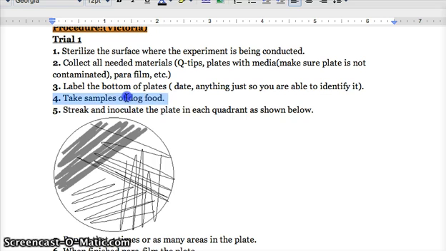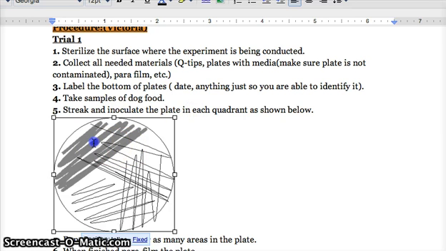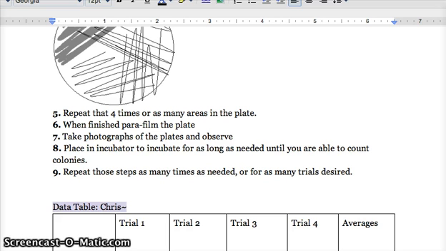Then we need to take the samples and streak and inoculate the plate in each quadrant. We need to repeat that 4 times or in as many areas in the plate as we need to. When finished, we parafilm the plate. Then we will take a photograph and we place it in the incubator and repeat those steps as many times.